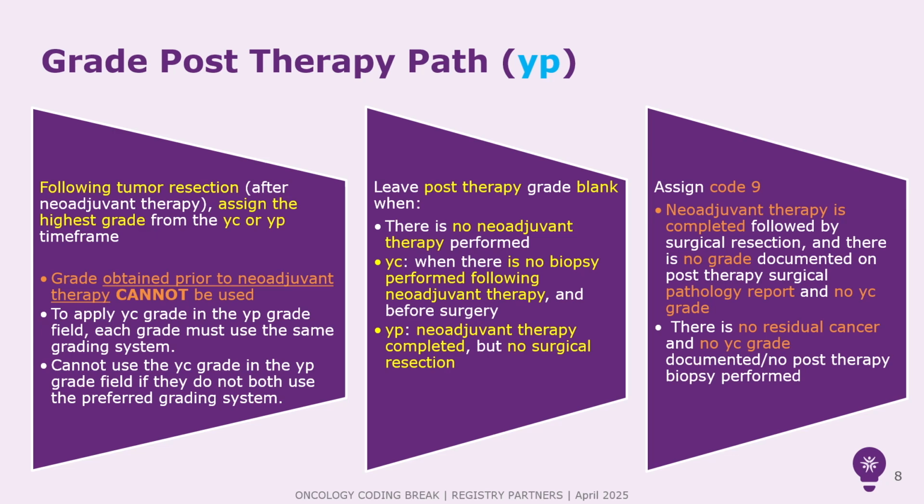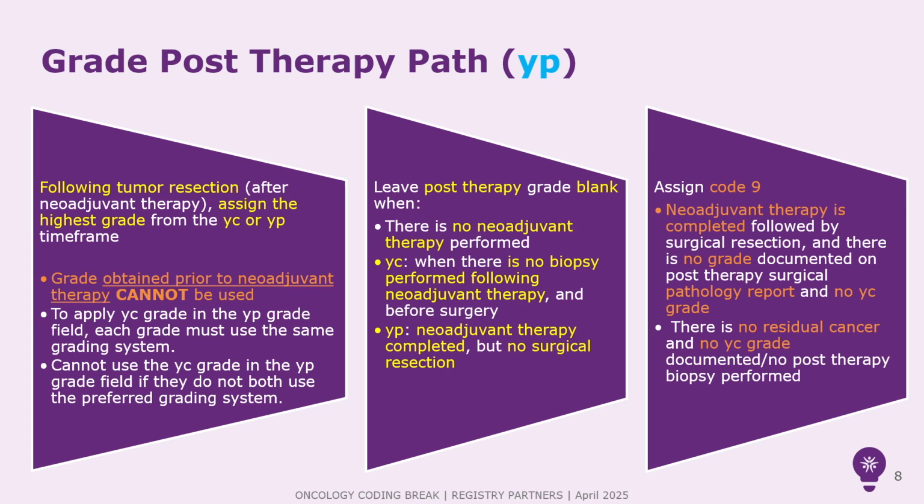We leave the post-therapy grade blank when there is no neoadjuvant therapy performed, when there is no biopsy performed following the neoadjuvant therapy and before surgery, or when neoadjuvant therapy is completed but no surgical resection.